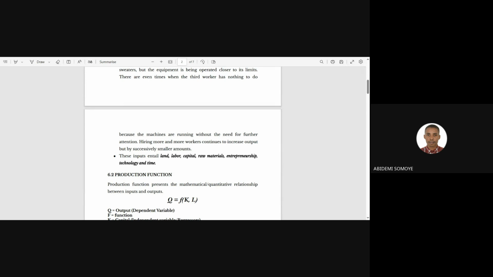In the short run, capital is fixed, labor varies. In the long run, capital and labor vary. You can change them at any time.